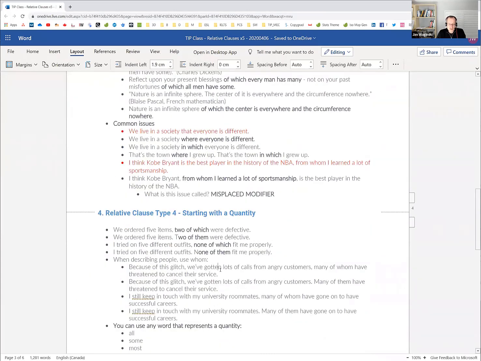Starting with a quantity comes up quite often, not as often as the other ones, but it certainly comes up quite a bit, especially for writing task 1 if you're doing academic. Okay, that's it for today. All I wanted to do today was cover these relative clauses. Now you are relative clause experts.